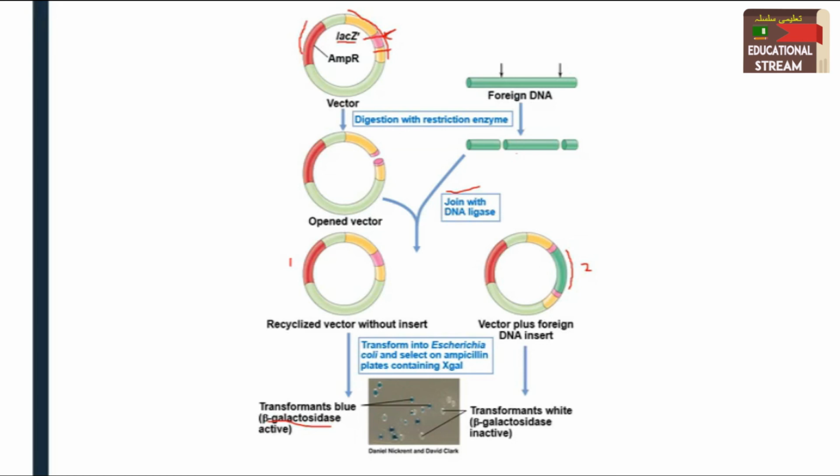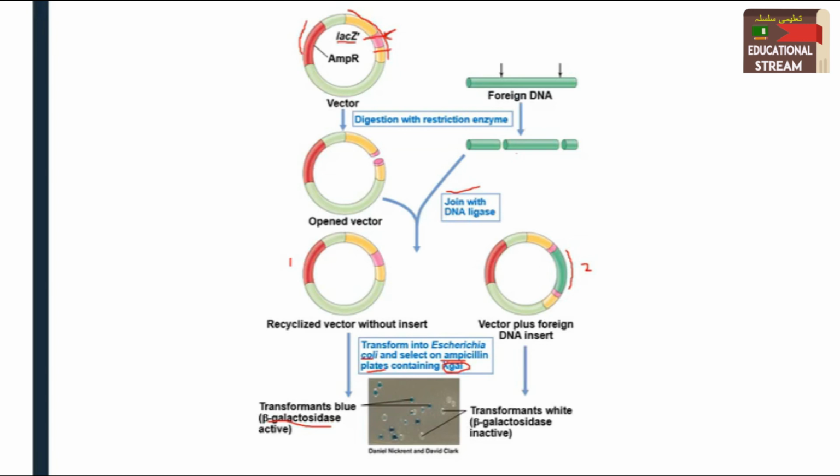We will transform this vector into the E. coli cell and then we will select it on the ampicillin plates, which will contain a substrate of the beta galactosidase, which is X-gal. This is the double selection of the recombinant vectors, or the host organisms which contain the recombinant vector.